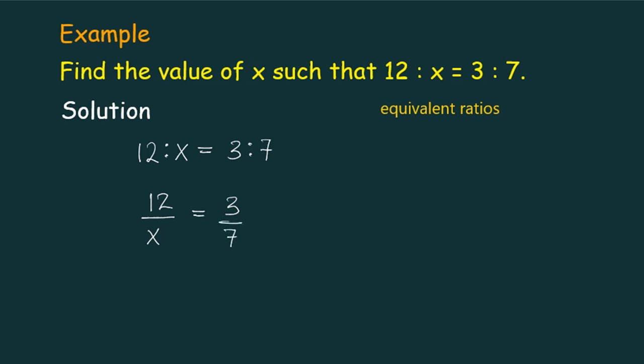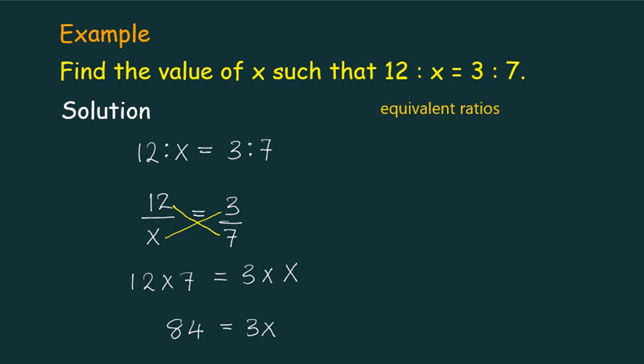So how do we find the value of x? We can solve this by cross multiplying. In this case, that means I'll be multiplying 12 by 7 and x by 3. So 12 times 7 will be equal to 3 times x, and 12 times 7 will give us 84, and this will be equal to 3x.